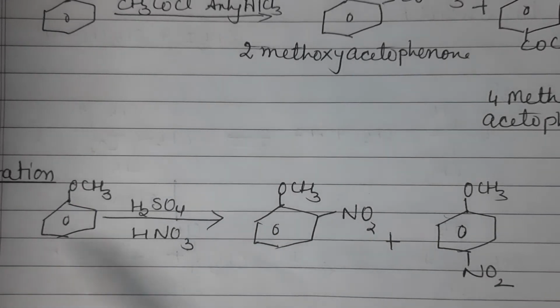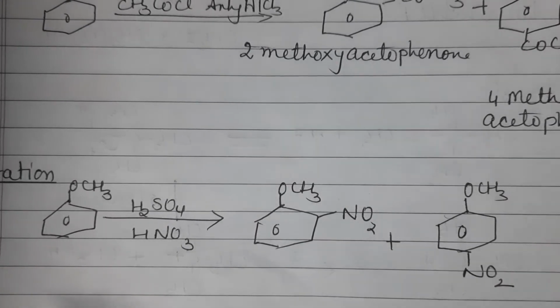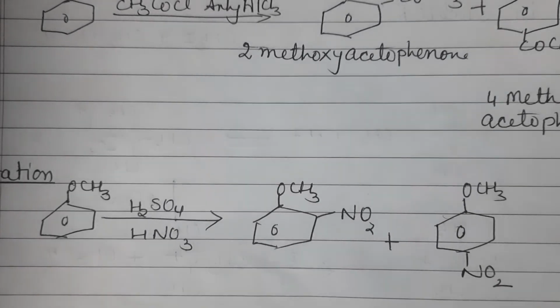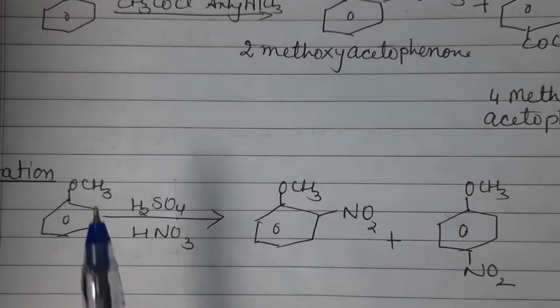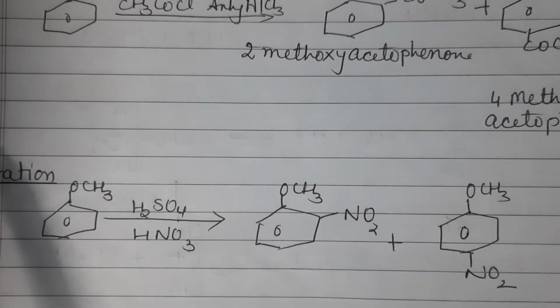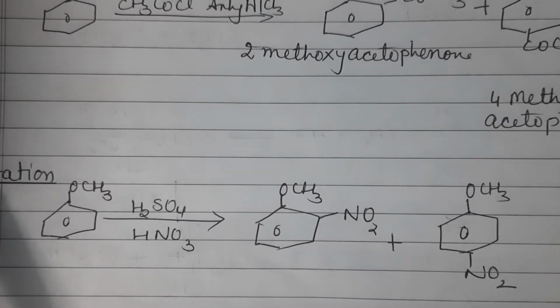Next is a very important concept: ether is always stored in a brown bottle. Why do we store ether in a brown bottle? Because ether undergoes oxidation and forms ether hydroperoxide, which is a highly explosive material.